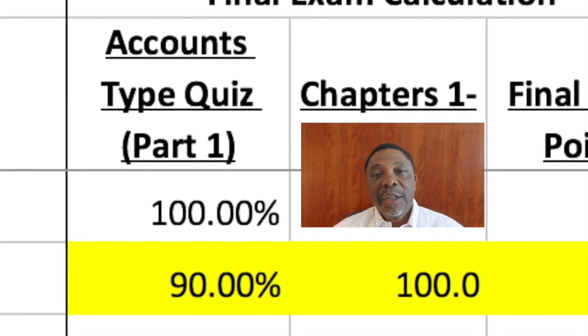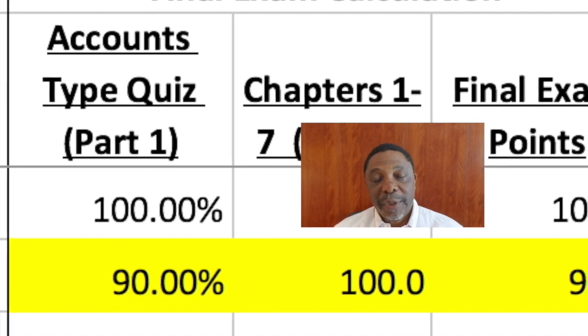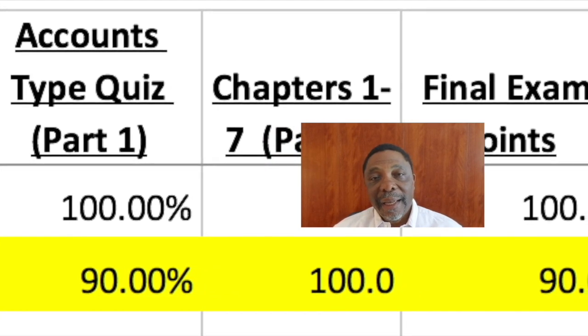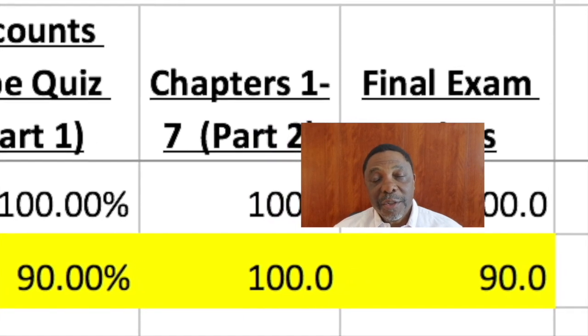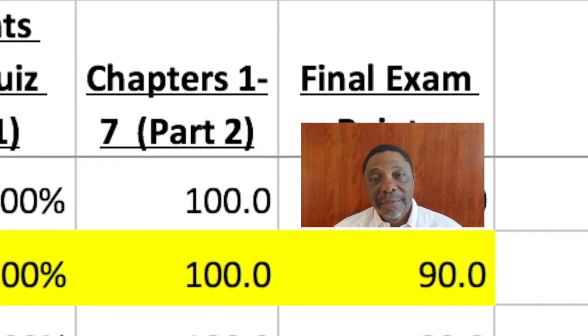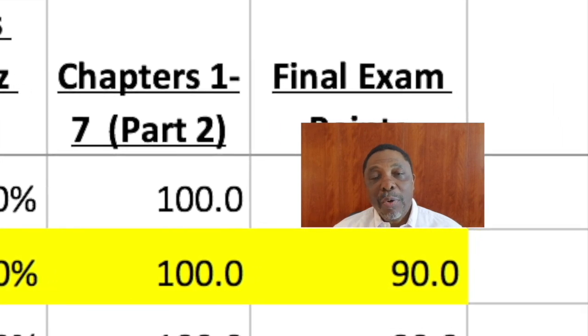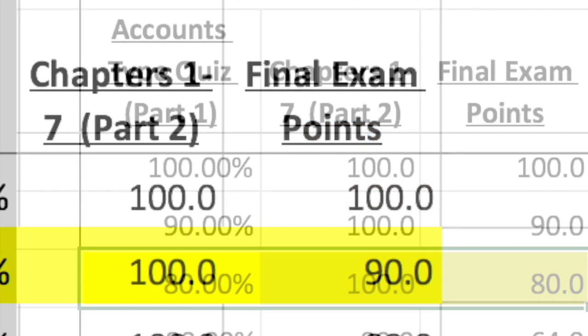If you receive 90% for your accounts type quiz, part 1, and you receive 100% for part 2 of the final exam, you will receive 90 points added to your course point total.